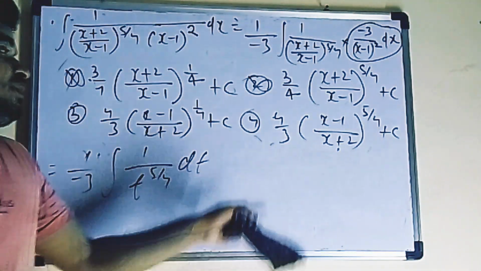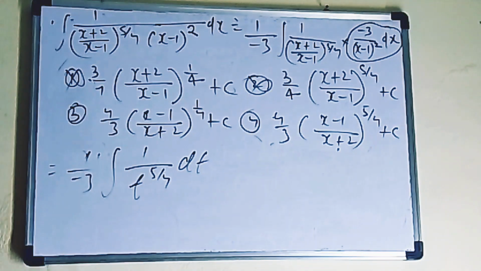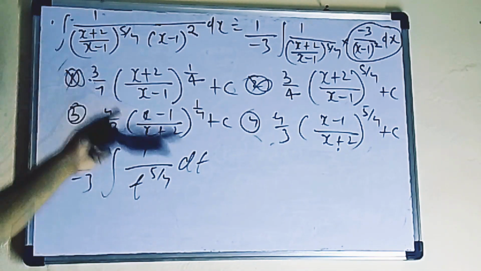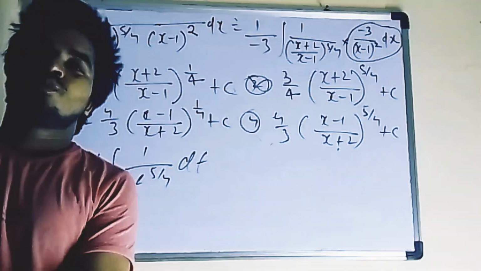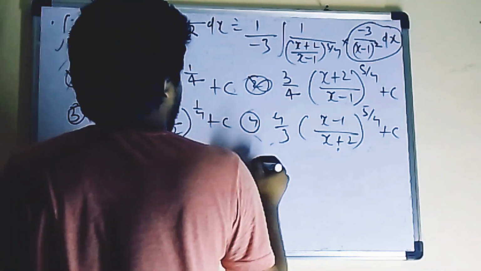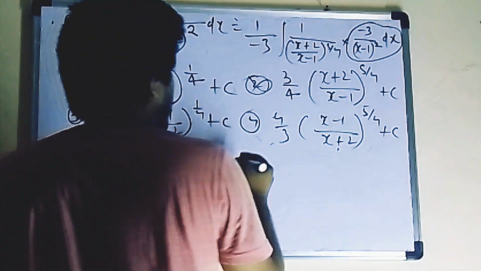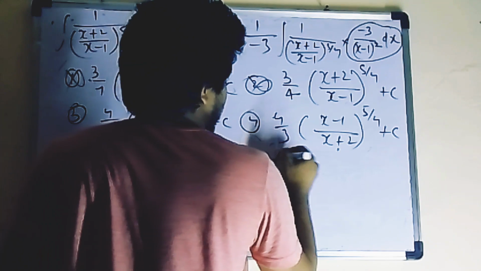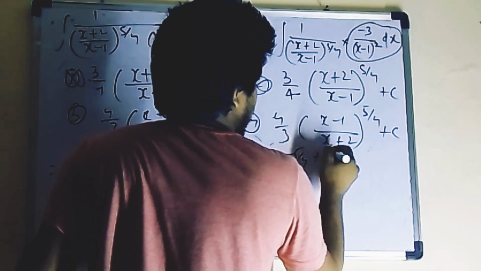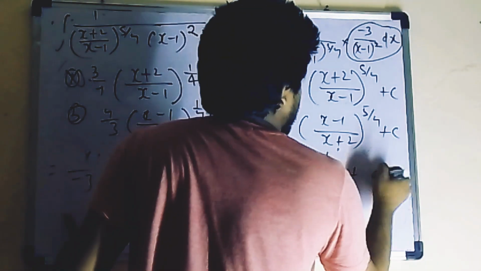Up to here, you need to use your brain, and only then can you solve the question. But now any student can solve this question afterwards, if you are a student of JMINS. Clear? Okay, so 1 by minus 3, this will be t power minus 5 by 4. So I am directly doing t power (minus 5 by 4 plus 1) divided by (minus 5 by 4 plus 1), and plus some c.